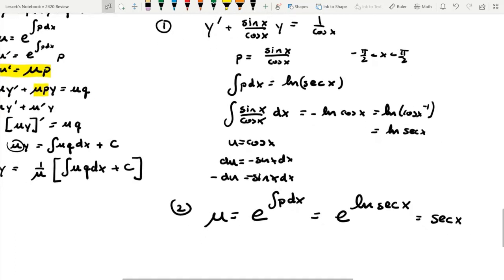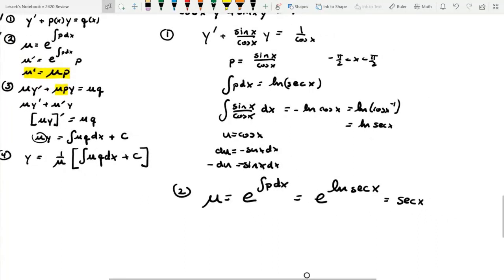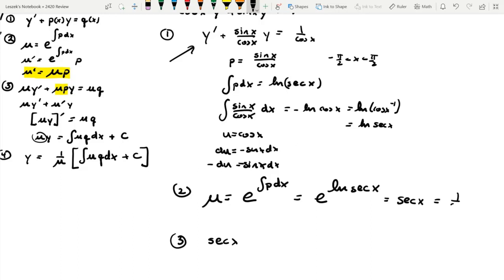Okay, so now we've found the integrating factor. We can multiply both sides of our original equation by that. Oh, let's just think of secant as 1 over cosine, I guess. Might be easier.